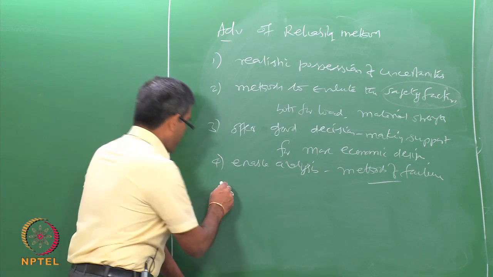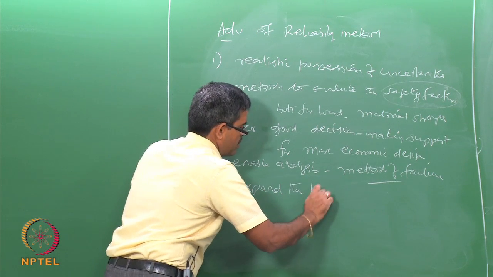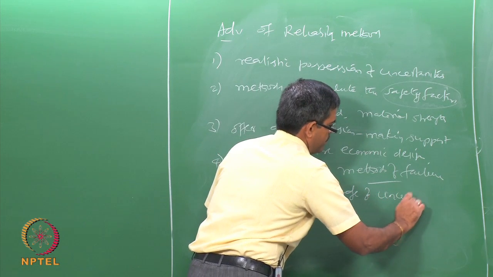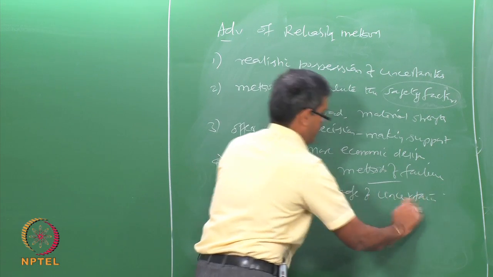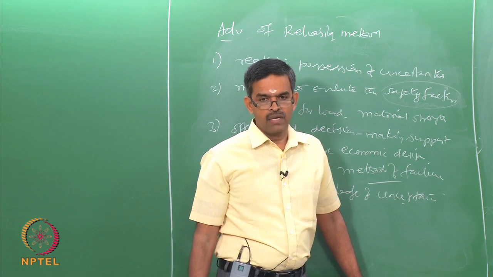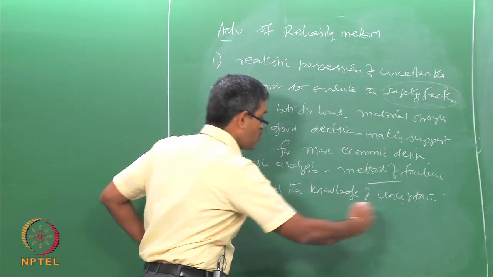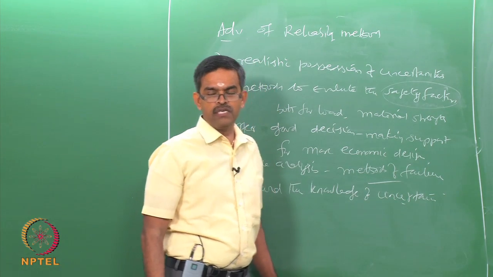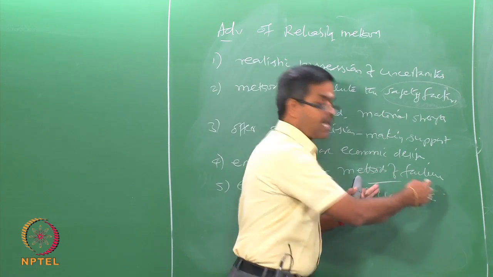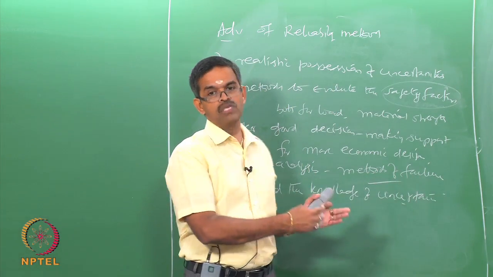You can also expand the knowledge of uncertainty, because earlier you do not know what is an uncertainty. As you keep on knowing it more and more, you can always expand your domain of knowledge in uncertainty. The moment you expand the knowledge, many uncertain parameters in your analysis and design will appear to become slowly certain.